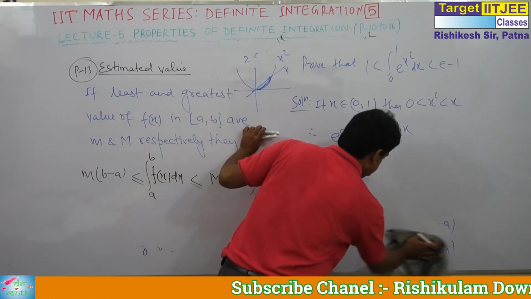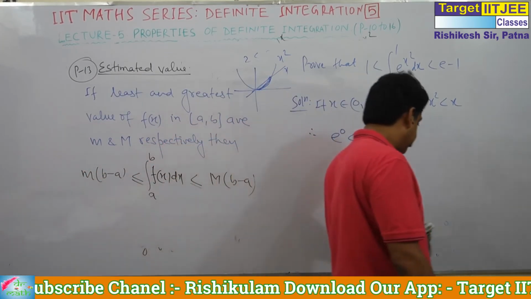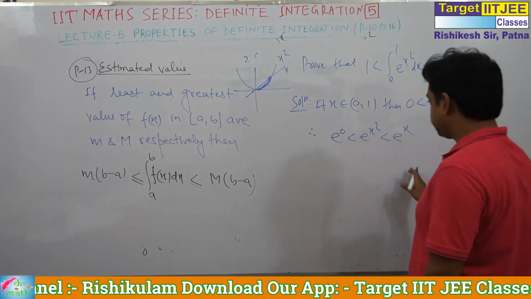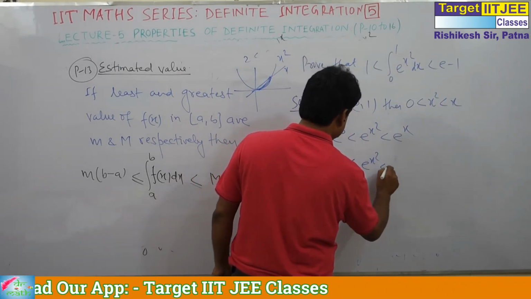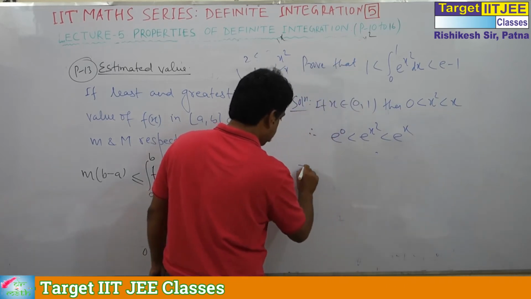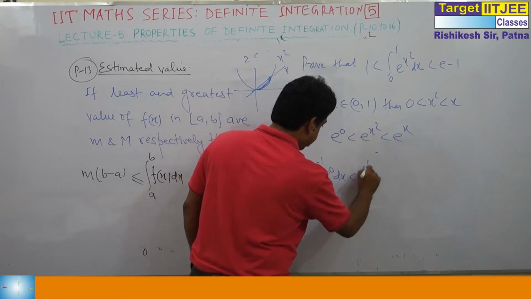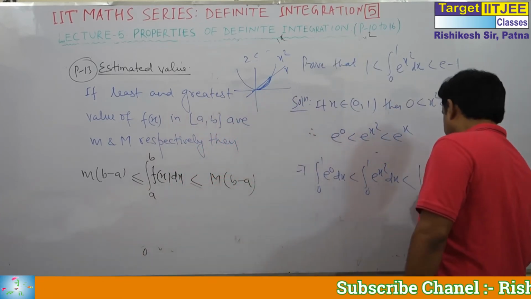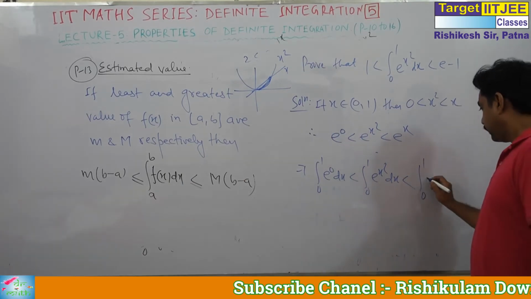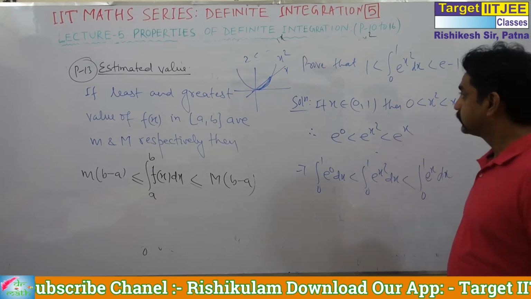Then what can we say? We can say 1 less than the integral from 0 to 1 of e to the power x square dx, less than the integral from 0 to 1 of e to the power x dx.